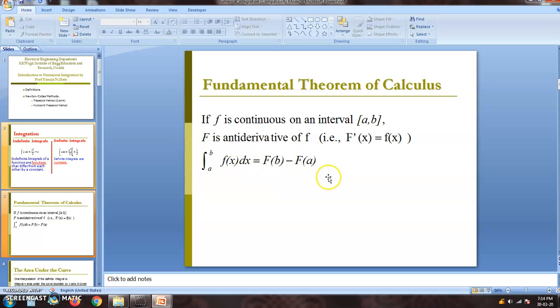We are all familiar with this kind of formula which we use for calculating integration.